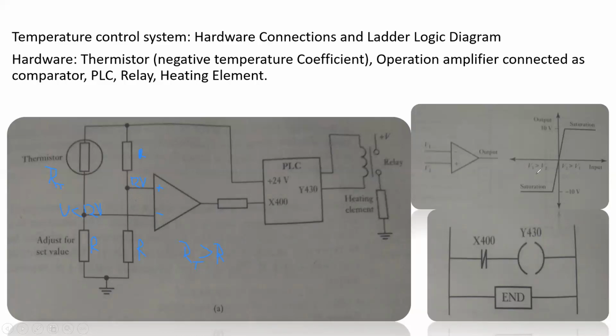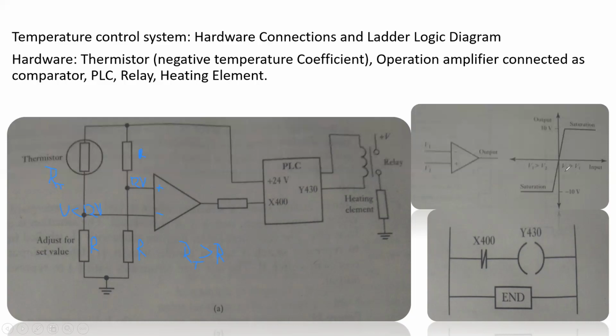So here we can see that as long as v1 is greater than v2, where v1 is the inverting input, the output will be at its lower level. So it means that as long as v1, the potential at this point, is higher than the potential here, the output will be 0.